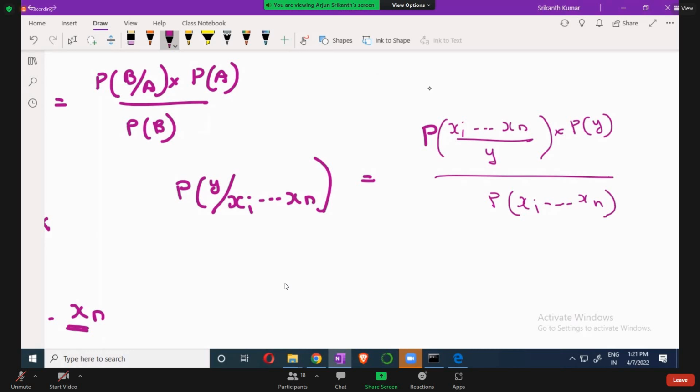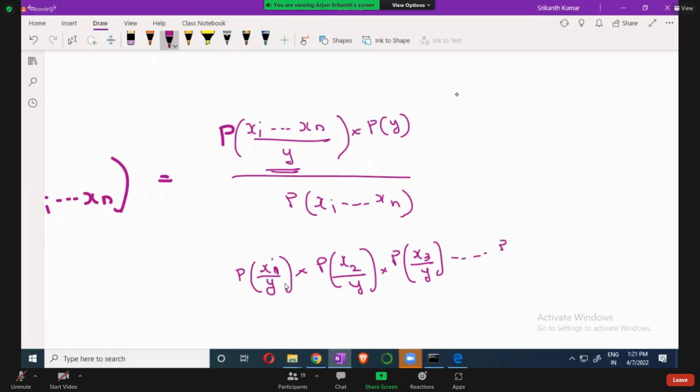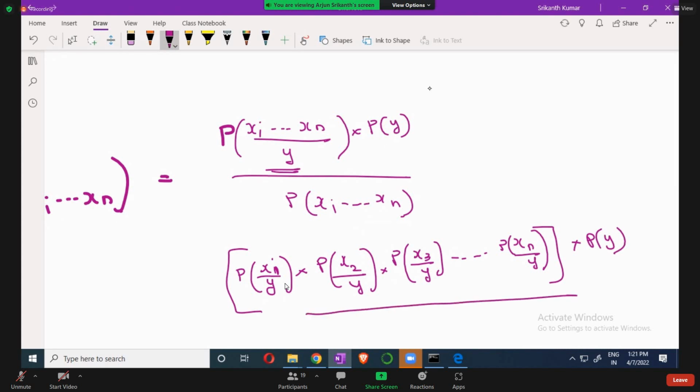Now this can be written as probability of X1 given Y into probability of X2 given Y into probability of X3 given Y, and this can go up to probability of Xn given Y. Okay, this all should be multiplied by probability of Y divided by probability of X1 to Xn.